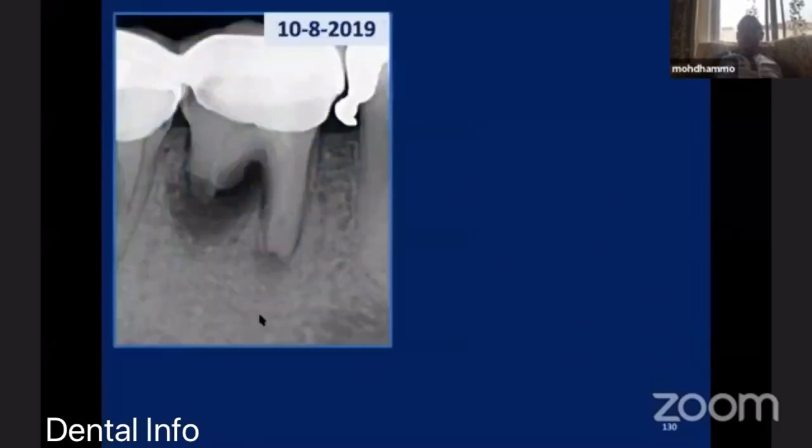So when we make root canal treatment, although here we have a huge resorption of this root, the tooth is stable, there is no mobility. So what I'm going to do, I will make root canal treatment. I will remove all the necrotic tissues from here, and then I will make my obturation.